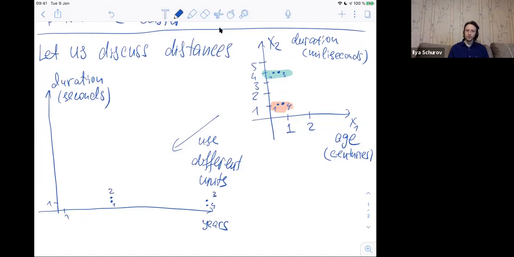How would you cluster these observations now?